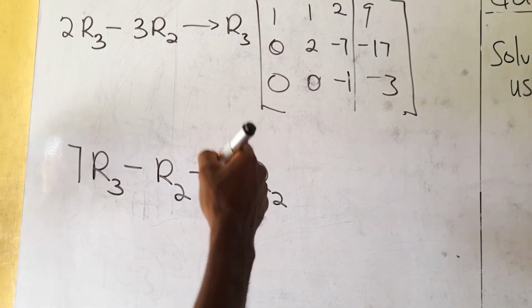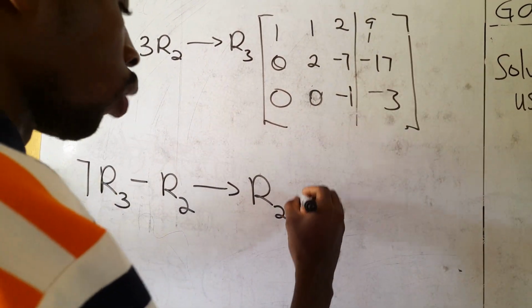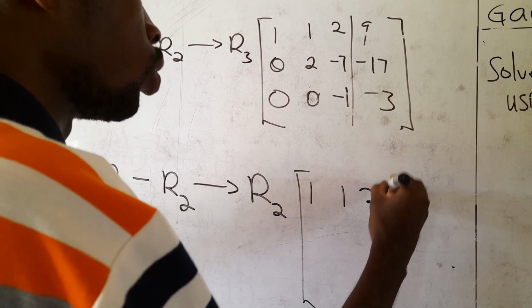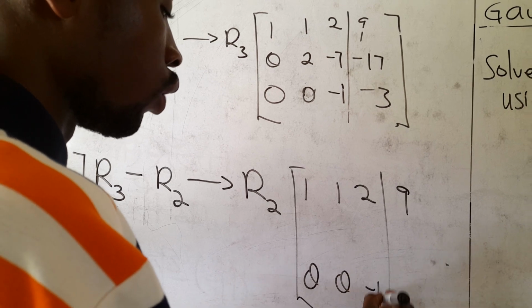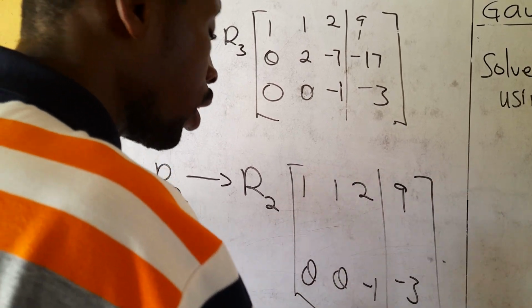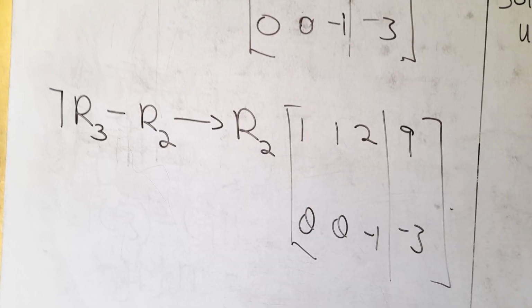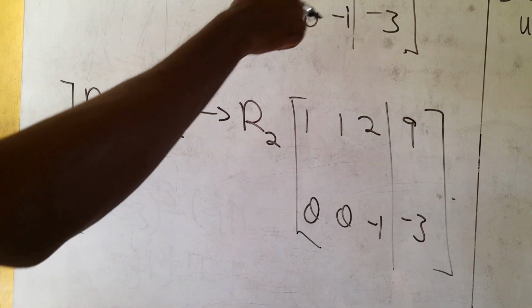So as I said, our R1, our first column and the second column will not be affected. So let us repeat those values. 1, 1, 2, 9, 0, 0, negative 1, negative 3. Only the middle one, because it's going into R2. So the first one, 7 times, what's our R3 there?